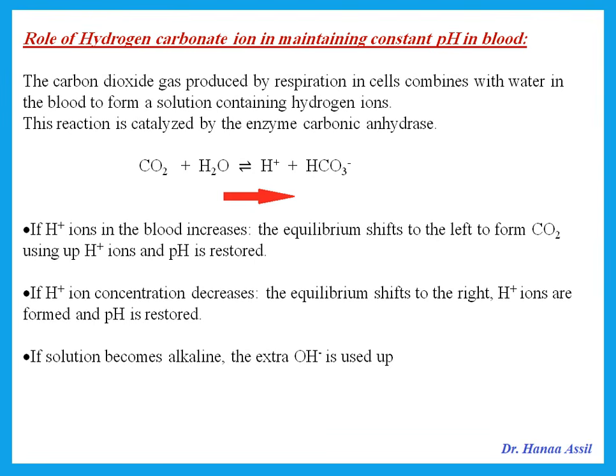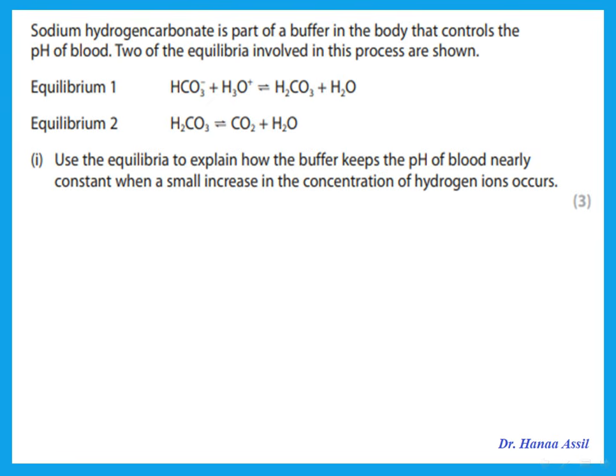If the solution becomes alkaline, the extra OH minus is used up in this kind of reaction. So the OH minus will react with the bicarbonate or hydrogen carbonate ion to give carbonate plus water, and that removes the extra OH minus.